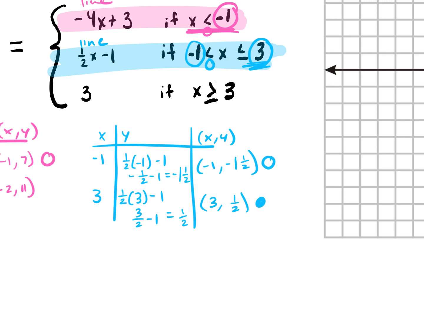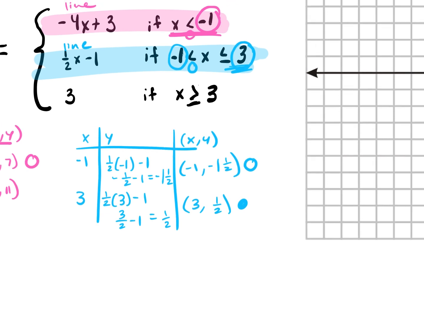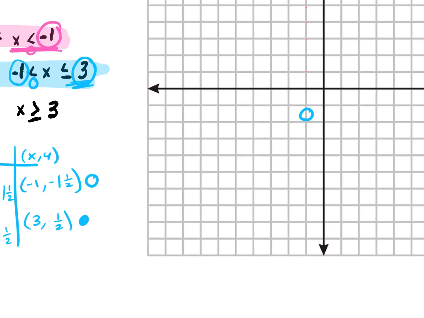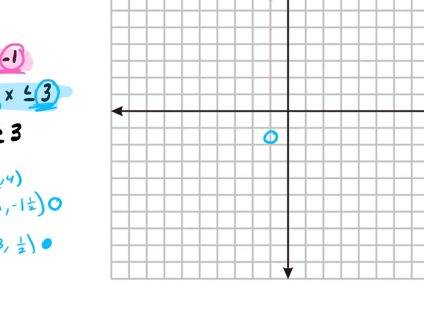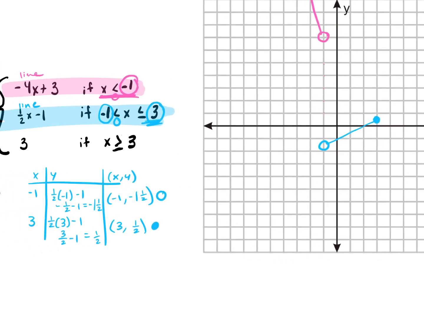So your middle piece, since it gives you 2 numbers to plug in, a starting and stopping, each of these points are going to have either an open or closed circle. It's got to be that defined point because it's a start and stop. So I'm going to go to the right 3 and up 1/2 and put a closed circle. So that would be our middle piece.